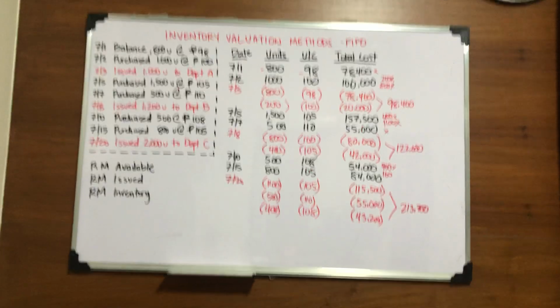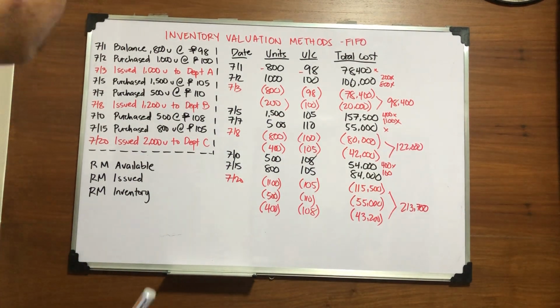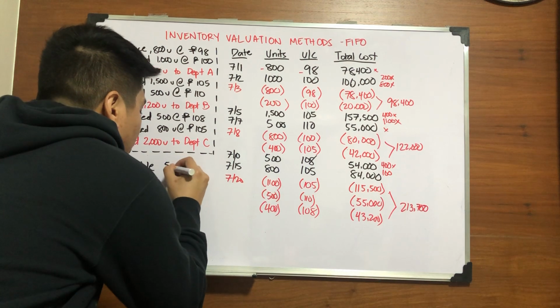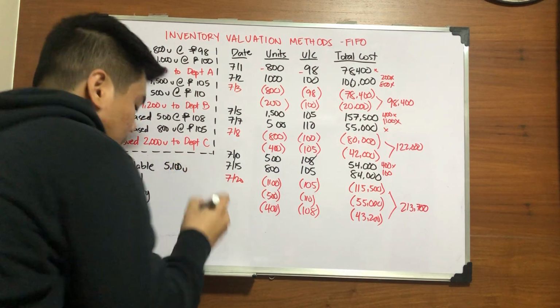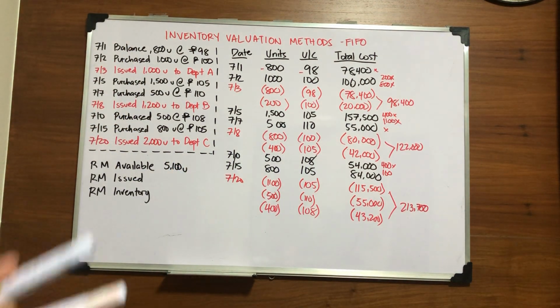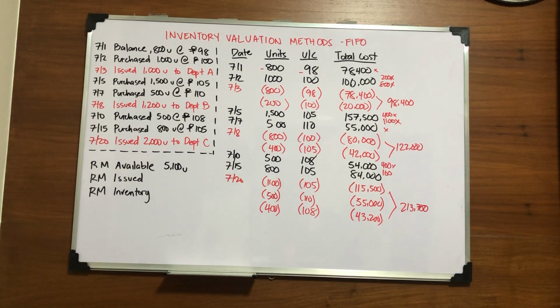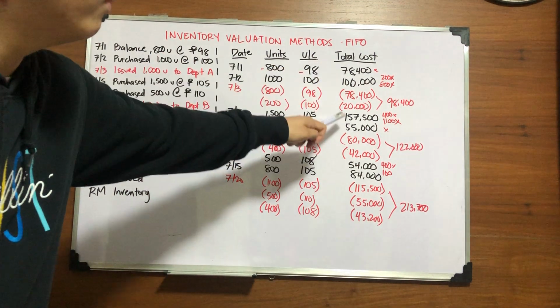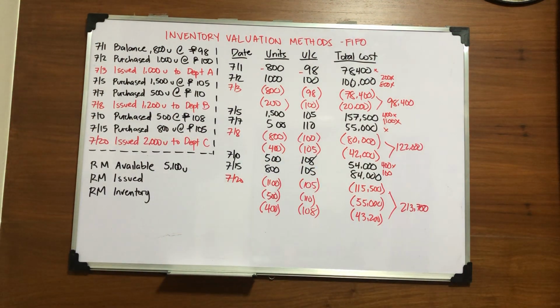That would give us 5,100 units. And the total cost attributable to that would be 528,900. Add this up, the black ones.